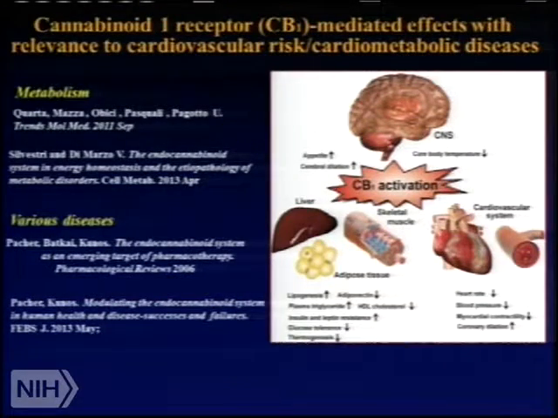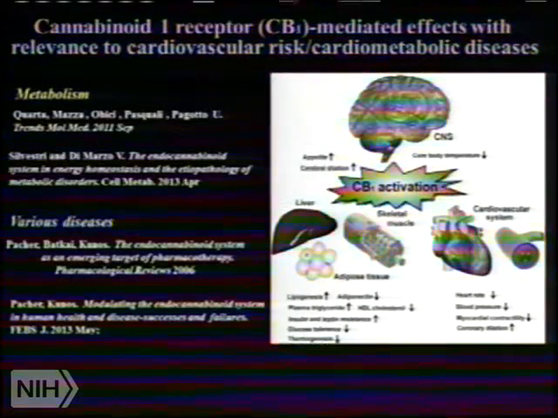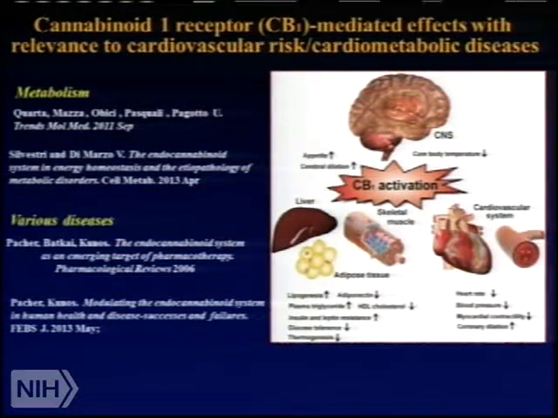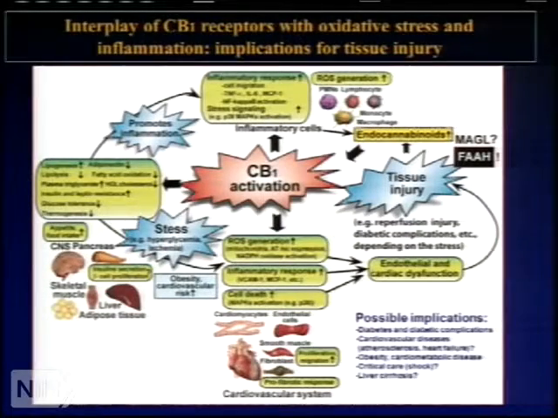So as I mentioned, CB1 receptors in the brain are responsible for psychoactive effects and they promote metabolic effects leading to obesity and fat storage in peripheral tissues, and also have cardiovascular effects like cardiodepressive effects. But more recently, it also turned out that in addition to this metabolic effect, cannabinoid receptors are also in inflammatory cells.